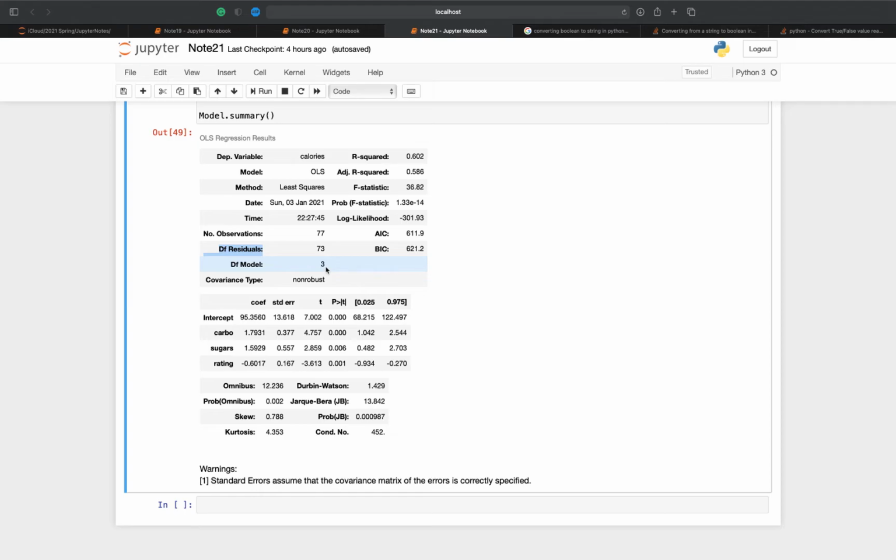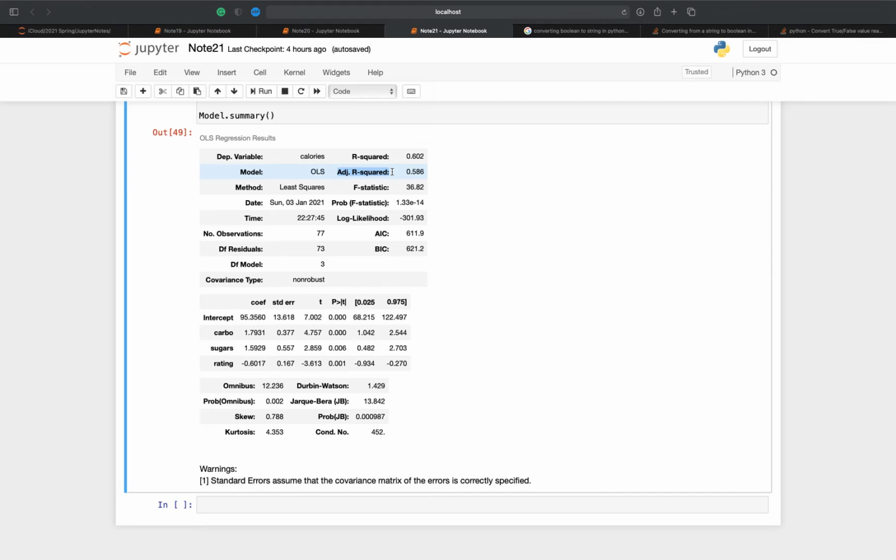Okay, so R squared, where's R squared? Here. R squared, you already know what that is. It's a statistical measure that explains the variability of the dependent variable on the explanatory variables based on the model. So for the regression line, it says how well the regression line approximates the real data points. Then we have adjusted R squared. So what is adjusted R squared? Adjusted R squared helps us to compare models.